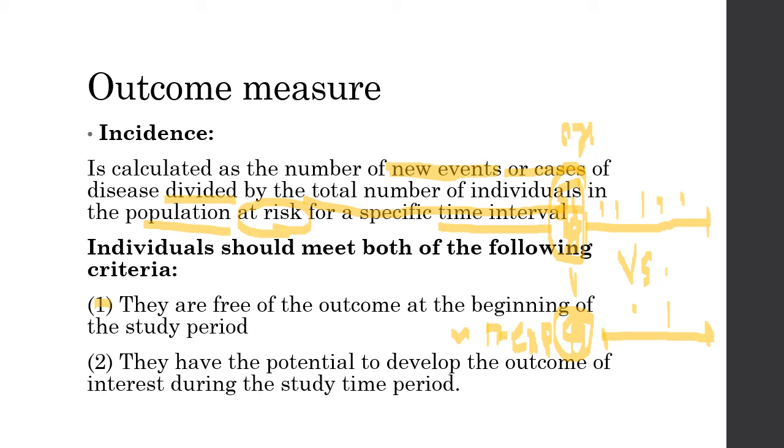Okay? And the second thing, they should have the potential to develop that outcome of interest during the study period. What does this mean? They have to have the potential, otherwise you cannot measure the incident case. For example, if I'm doing a group exposed to cigarette smoking and a group of non-smokers, I should be looking at diseases that, with the best knowledge that we have, are more likely to be related to this risk factor.